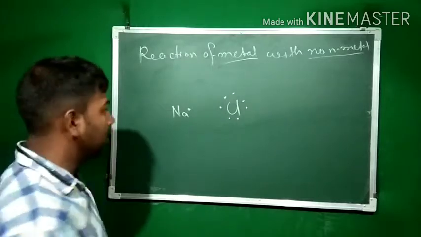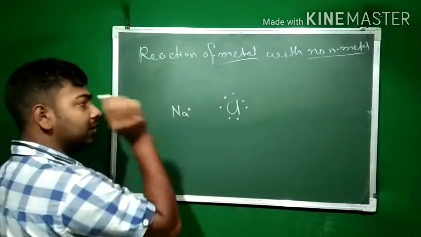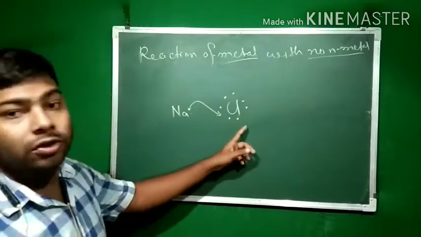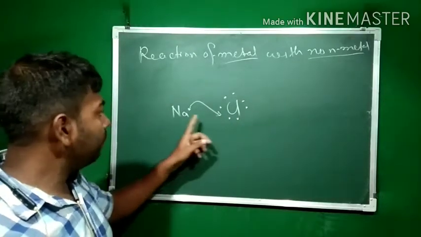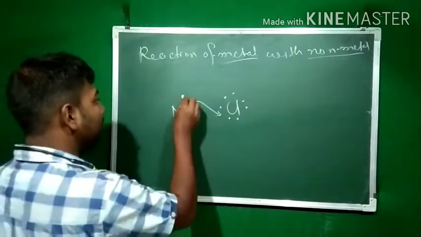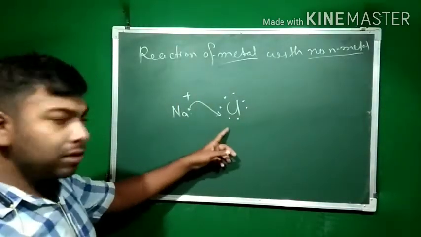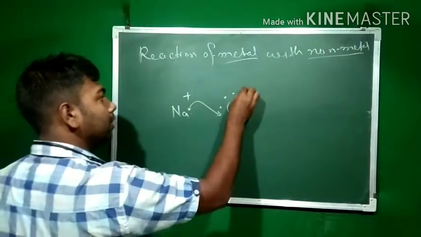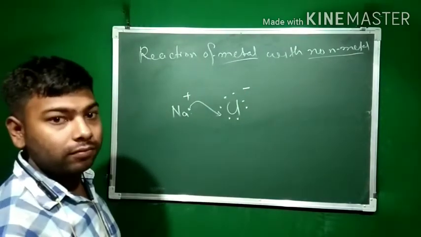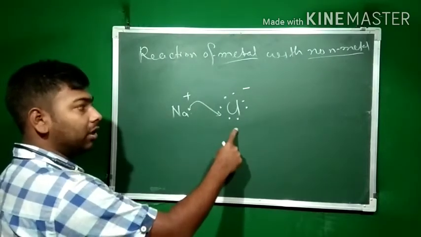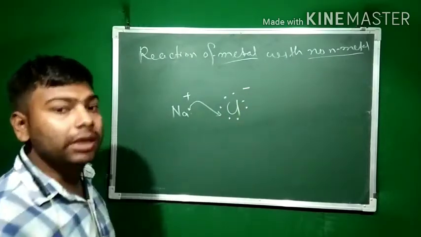Now see, since it is a metal, it has a tendency to donate the electron to the other species. If it donates, it becomes positive. If it takes the electron, then it becomes negative. Donation of an electron makes it positive, and accepting an electron makes it negative.